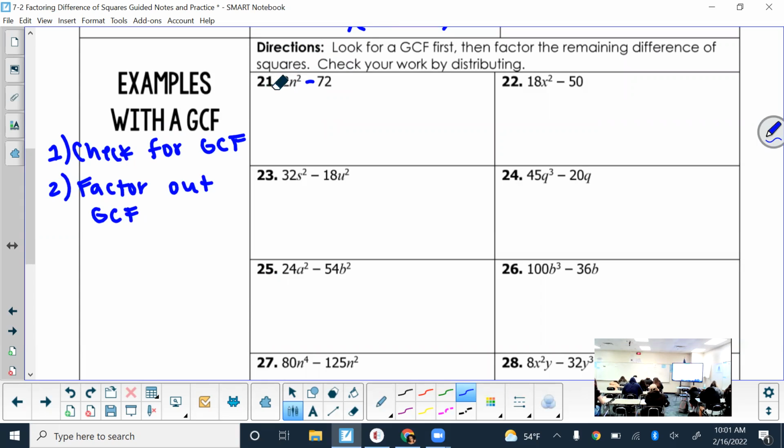All right, so on 21, I have 2 and 72 as my coefficients. So what can I factor out between 2 and 72? What's my GCF? 2. So always check the smaller number. If it divides evenly into the other, that's your GCF. So that will go outside parentheses. Inside is what you get from dividing by your GCF. So what's 2n squared divided by 2?